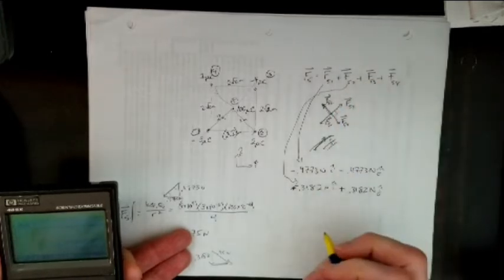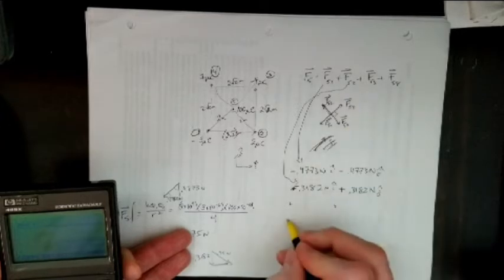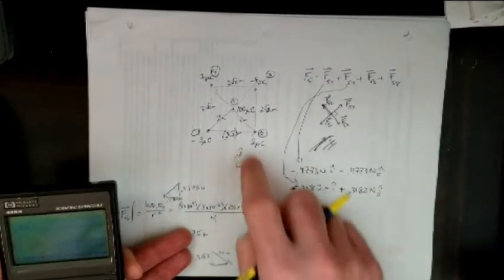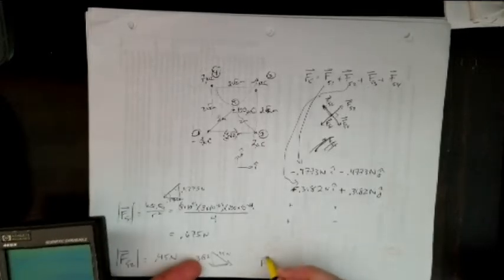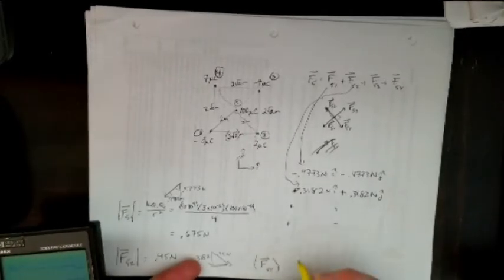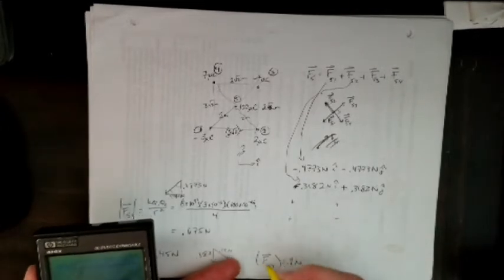F53 is up and to the right, so they will both be positive, and F54 is that's going to be positive and that's going to be negative. This one should be twice that because it's twice the charge, and that stays the same. So you can go through and plug it in, but you should end up with the force of 5 from 4 is 0.9 newtons. That's the magnitude.